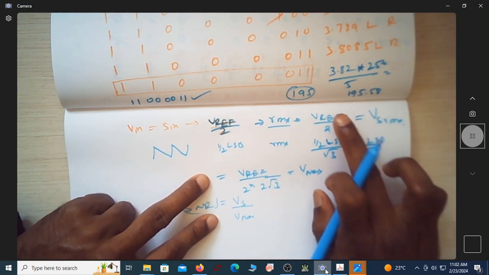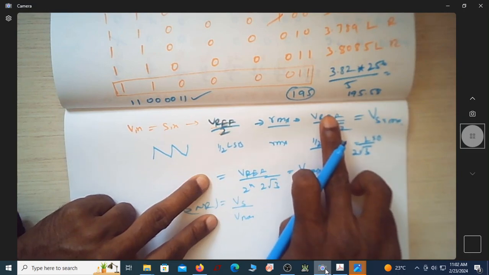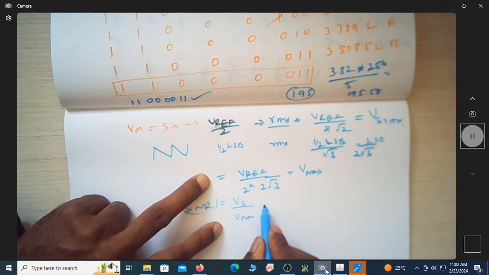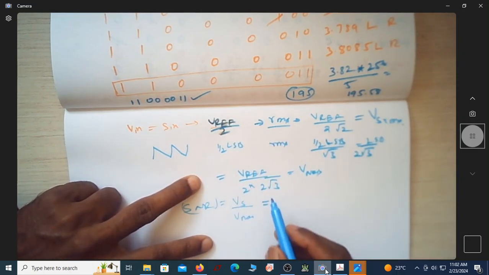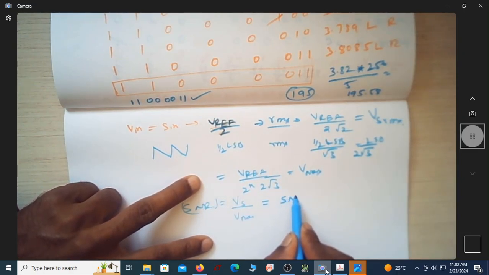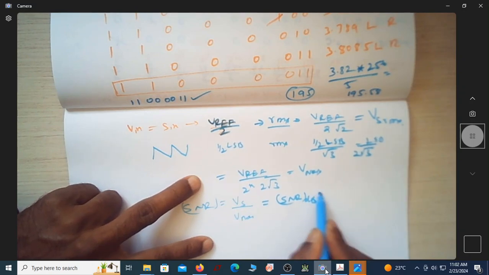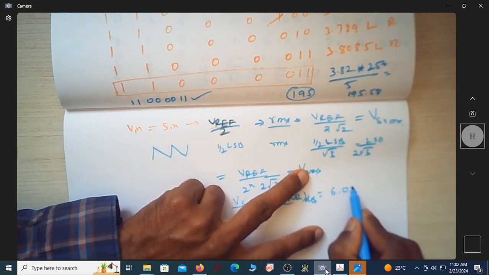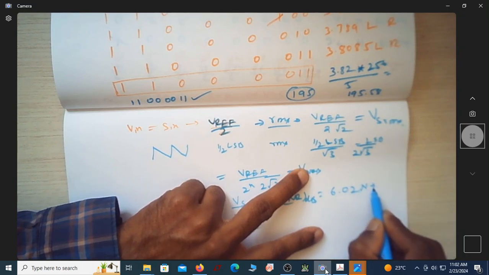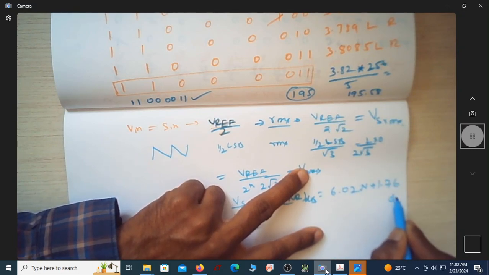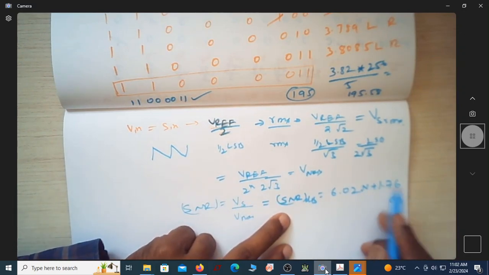here also you have V reference, here also you have V reference, so if you just do the simple math, this SNR in dB comes out to be 6.02 n plus 1.76 dBs, where n is the number of bits.